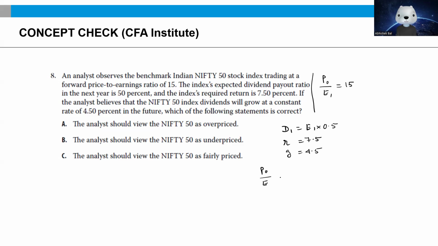P0 is equal to D1 divided by R minus G. Sometimes R is also stated as K. It doesn't matter. D1 can be expressed as E1 into the payout percentage. In this case, it is 50%, right?